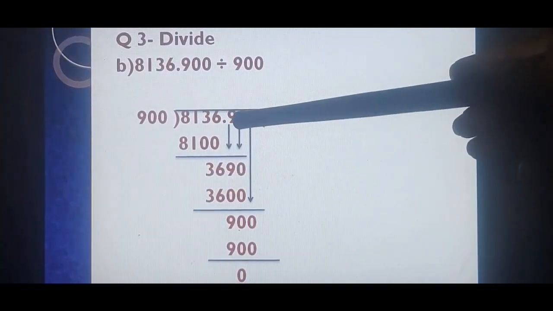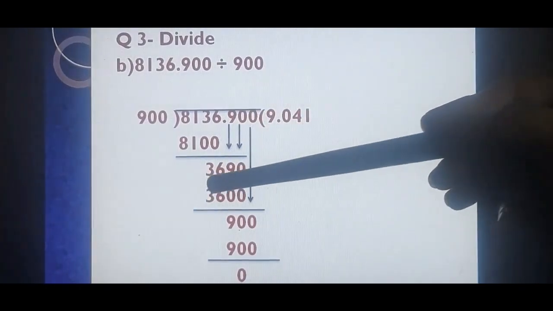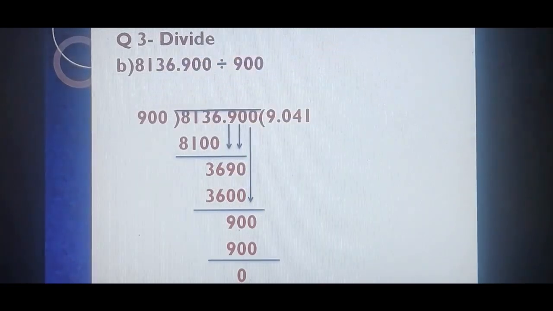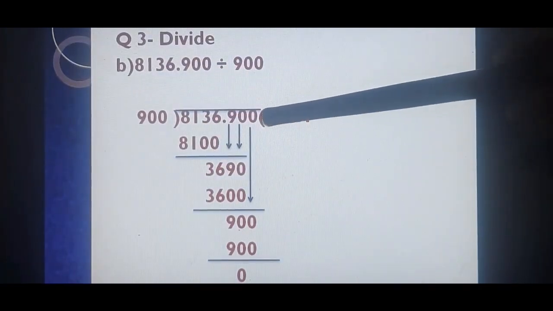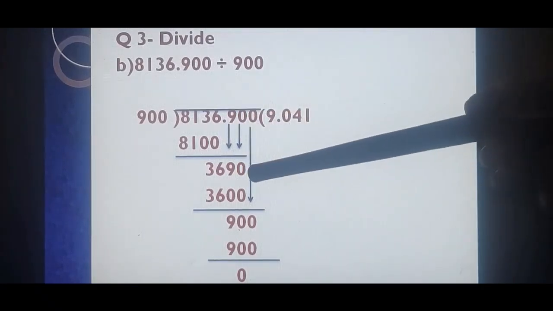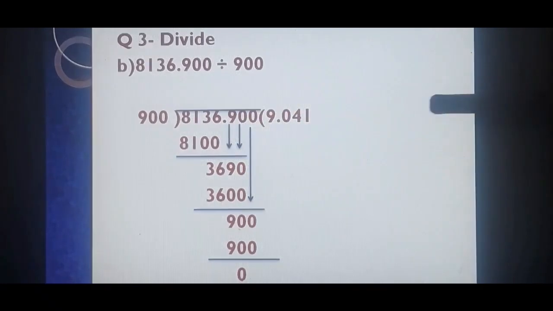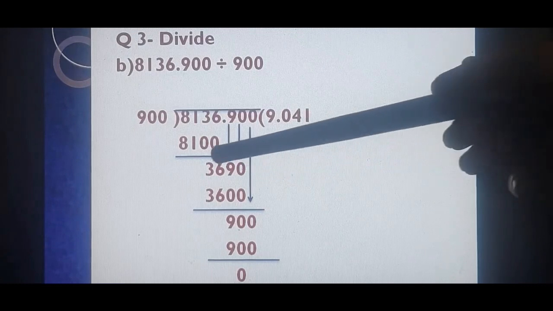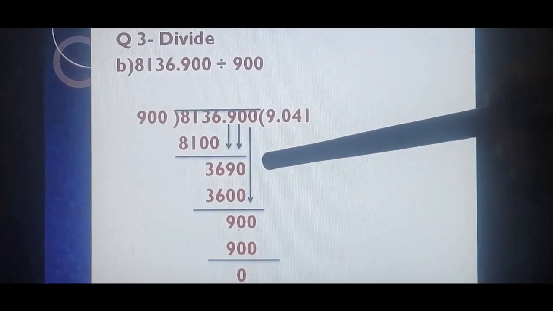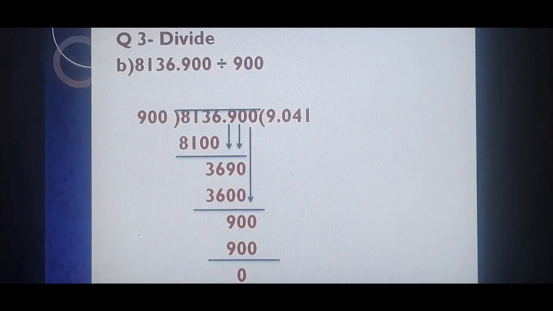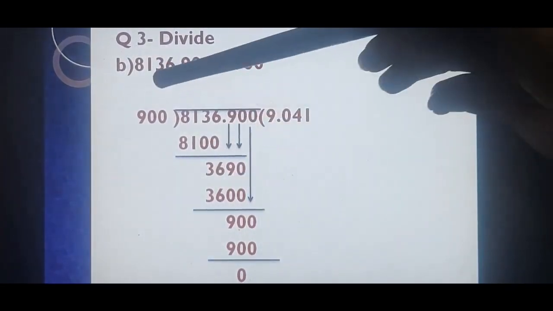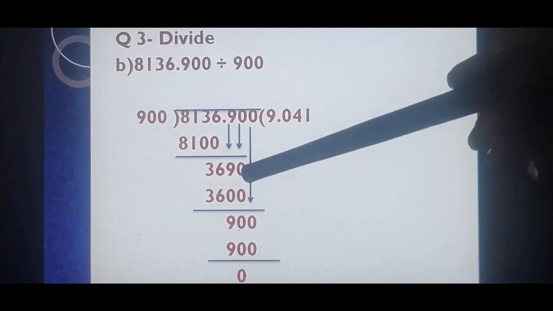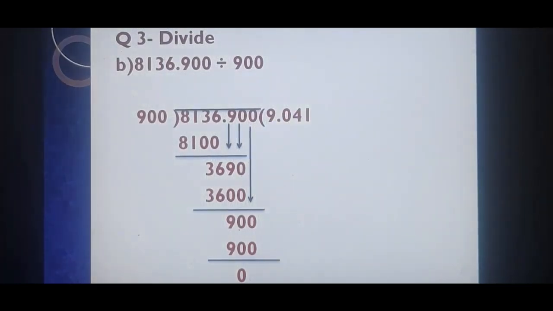Take the next digit, that is 9. 369 is less than 900. So we will put 0 in our quotient and we will consider the next digit, that is 0. Now our number has become 3690. 9 fours are 36. So 900 fours are 3600.